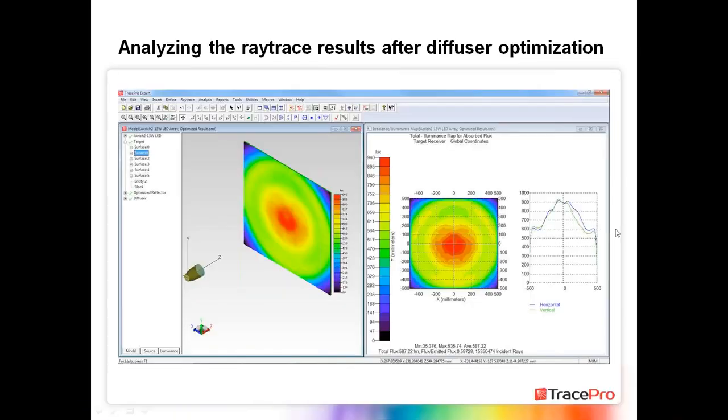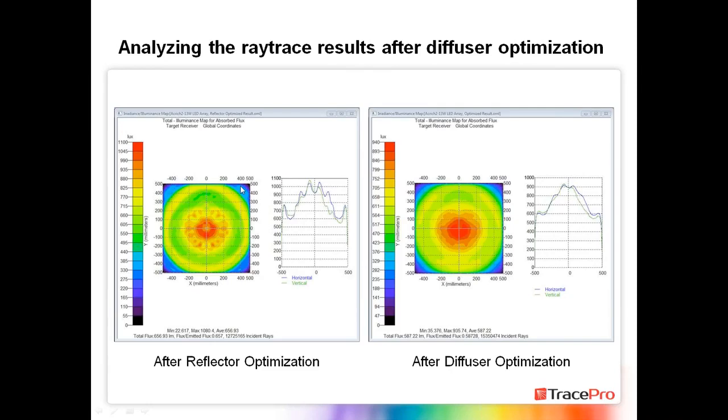And we can see the illuminance pattern here changing, as well as the error function moving around as it goes through these different profiles.